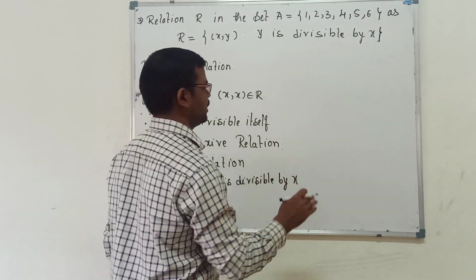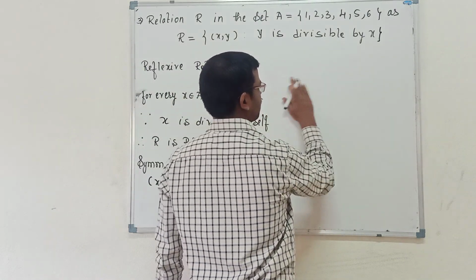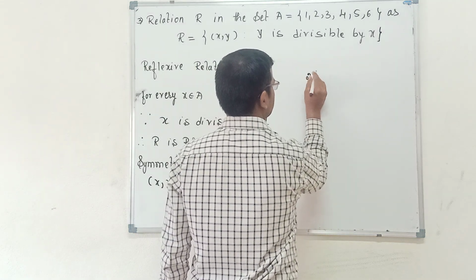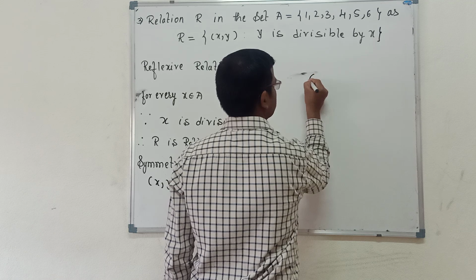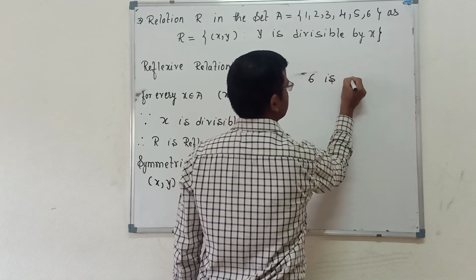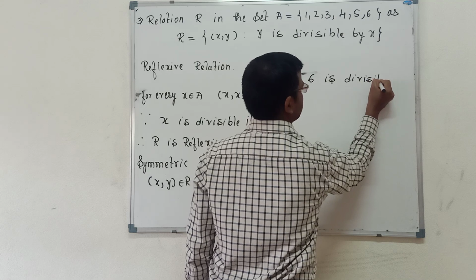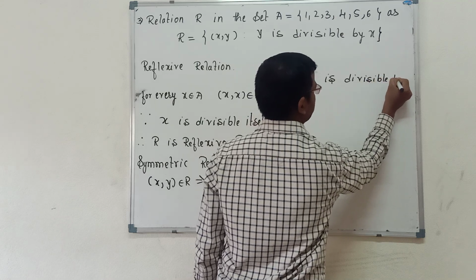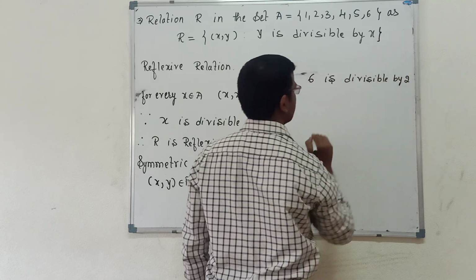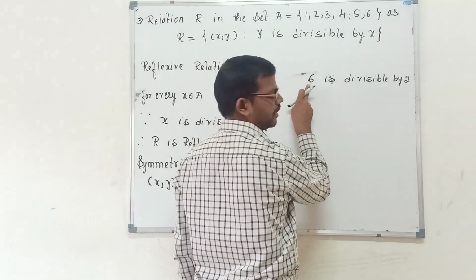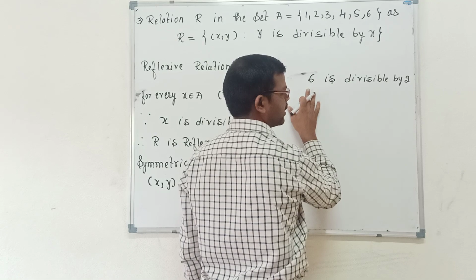Why? Because we'll show that. For example, if I take 6 is divisible by 2, then what about whether 2 is divisible by 6? No, it is not possible.